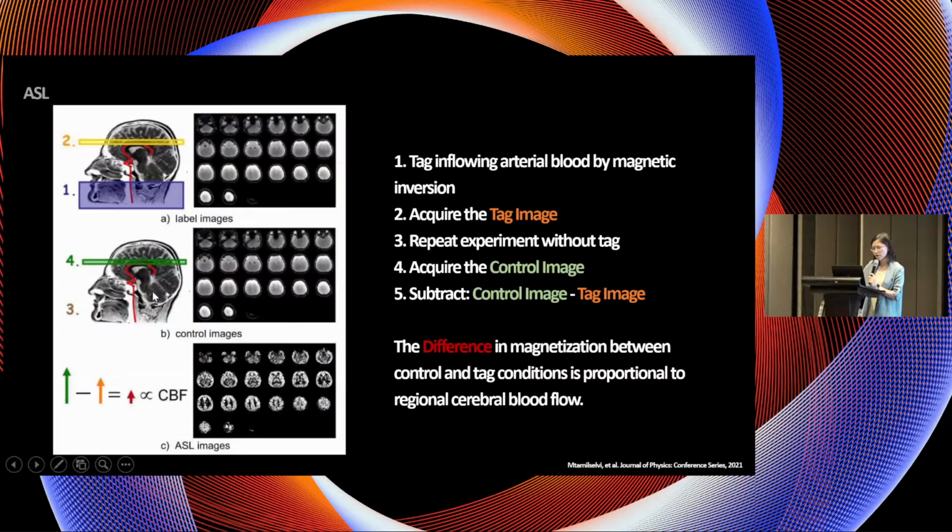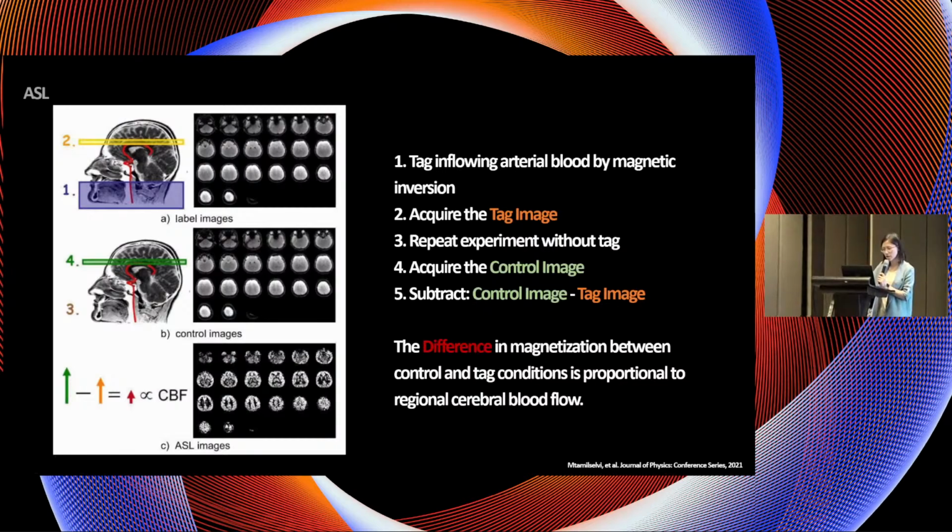We acquire the control image. We can see the images here are not clear enough to see what happened. Then we take the subtraction of the control image and the tag image. The difference in magnetization between control and tag conditions is proportional to regional cerebral blood flow. Now we can see what ASL images are.